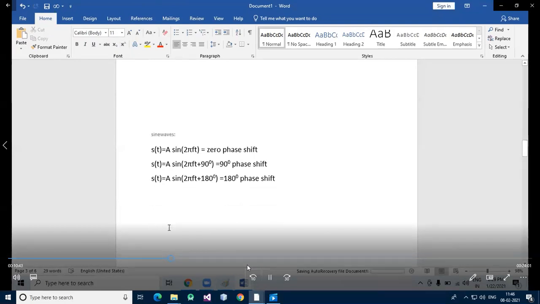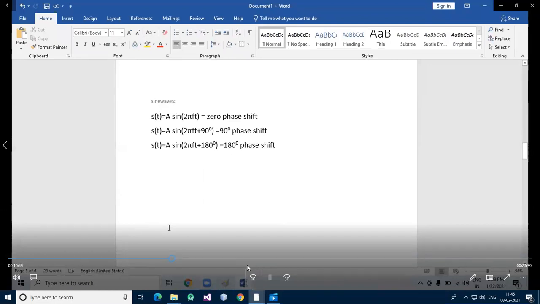Then after this, wavelength. Wavelength is another important characteristic of a signal traveling through a transmission medium.